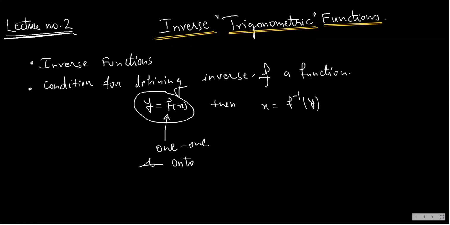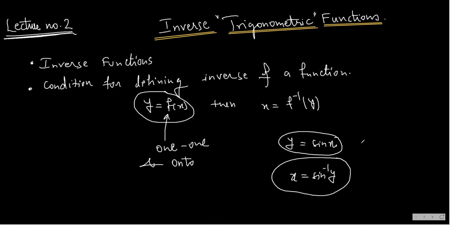So we defined each and every trigonometric function. If we have y equal to sine of x, then in order to write x equals sine inverse y, we need to have some condition fulfilled. I taught that in much detail.